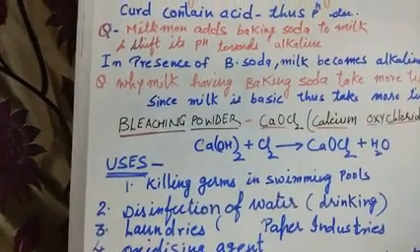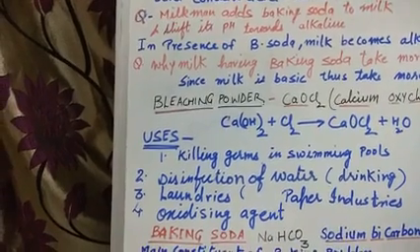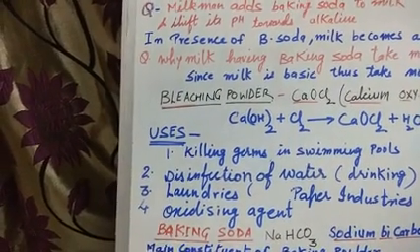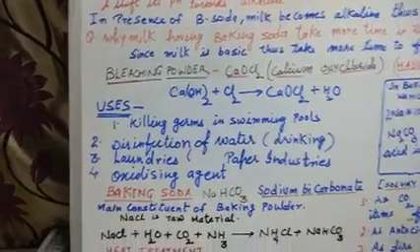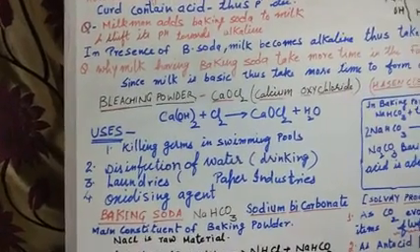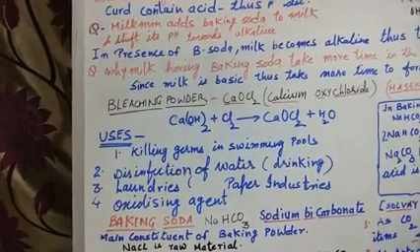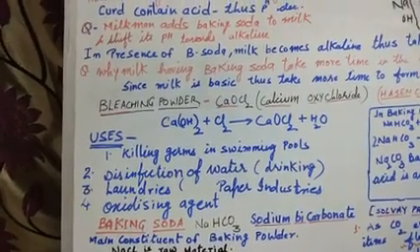Bleaching means, students, to fade the color, to lighten the color. So in white clothes especially, in laundries, bleaching powder is used to give more whitening to the clothes.